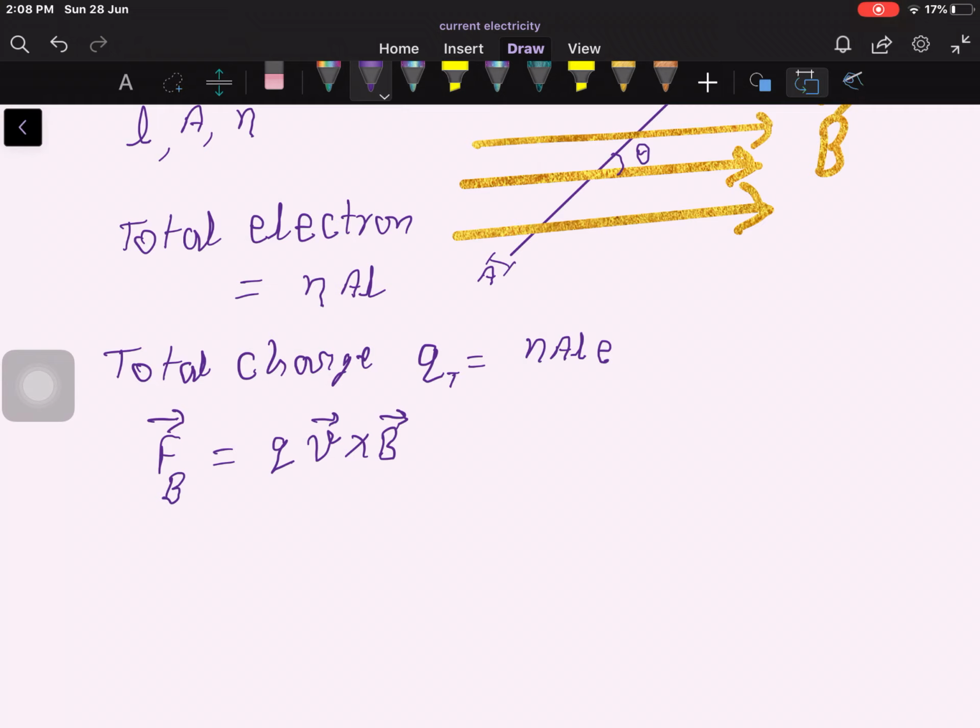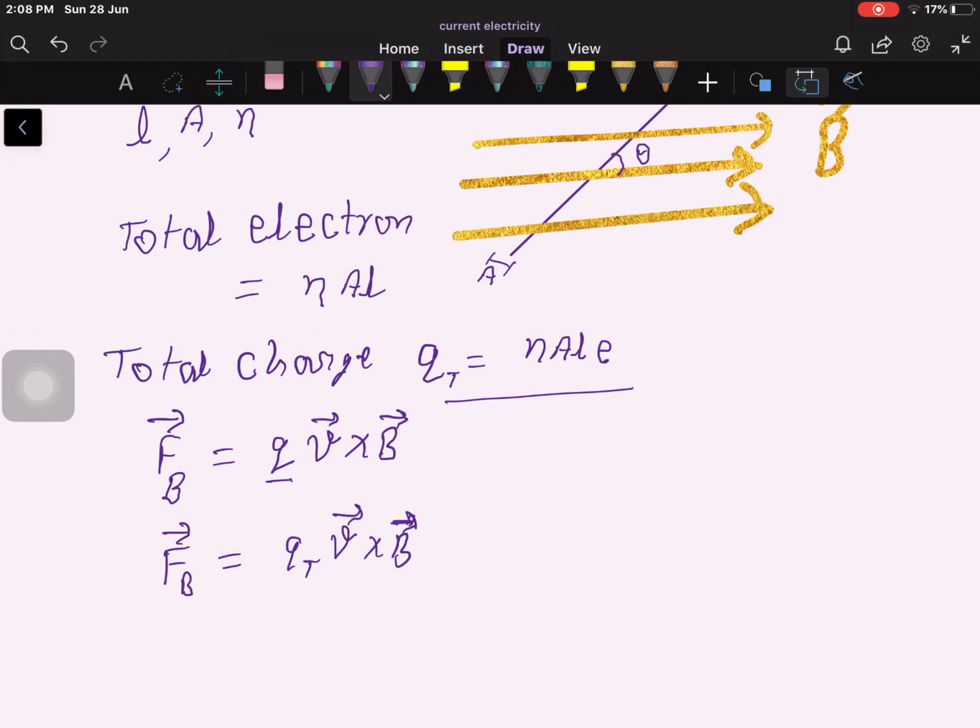What about current moving in a conductor? Then the total charge is moving, which we haven't discussed. So in that case, this q should be replaced with Q total. I can write F_B is equal to Q total, the total charge moving, into V cross B.